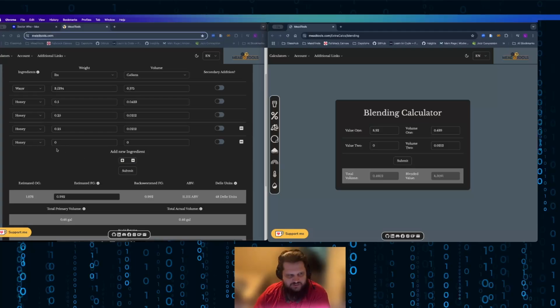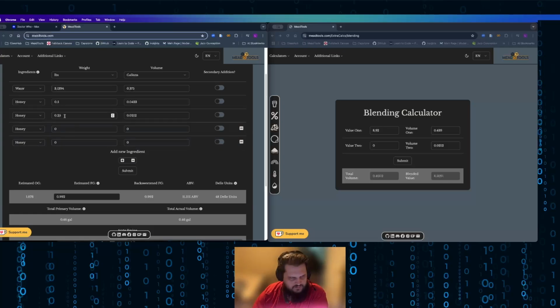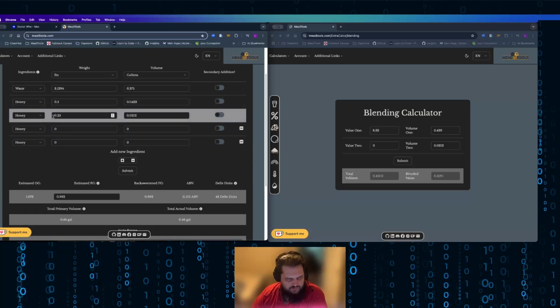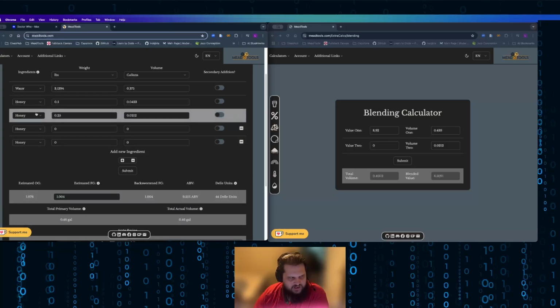There's one other thing I wanted to show. Back on the first one, when you add the honey in, and it was at 1.004, if I click the secondary addition here, it's going to tell me what the gravity is going to be back sweetened before it starts fermenting again.